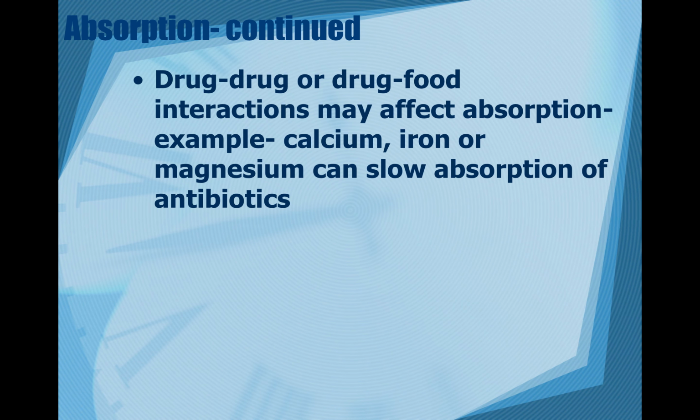Other complicating factors that relate to absorption relate to possible interactions with other chemicals in the digestive system at the same time. And this is something that you're going to learn and read about when you read about different drugs. Chemicals in the body that can interact with drug chemicals include molecules or chemicals in food, molecules and chemicals in beverages, in other drugs, in things like herbal supplements, in vitamins, and in minerals.